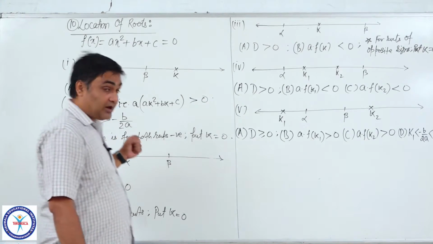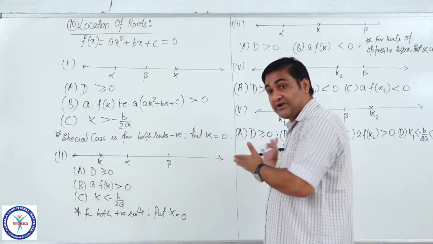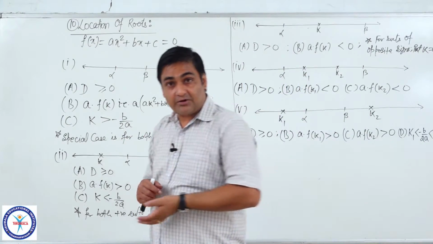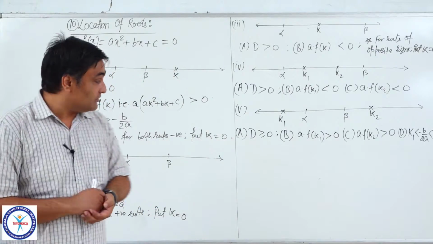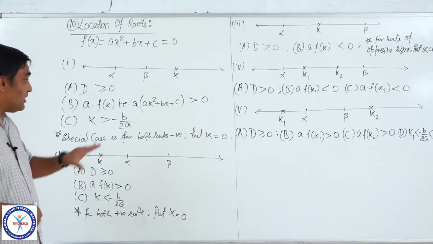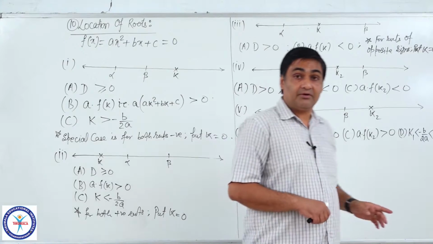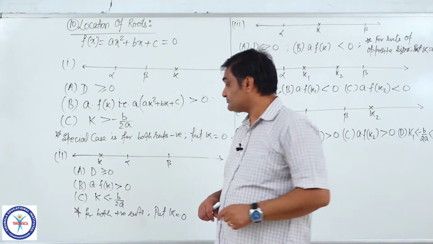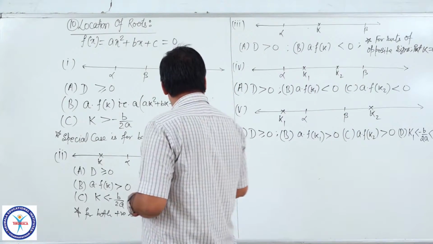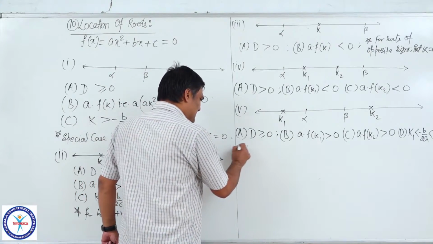Don't think that I am writing A, B, C or D, so you have to give the correct option. No, nothing like that. These are the conditions which are necessary. All conditions are necessary in every case. Now, there may be various other cases.